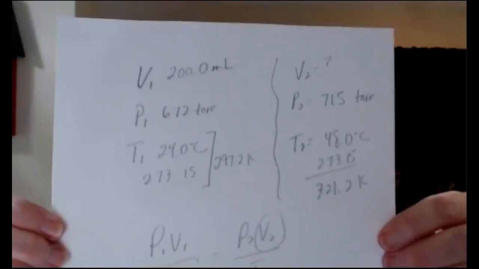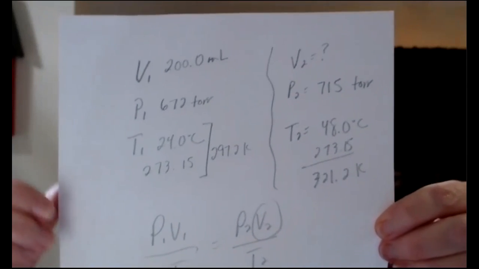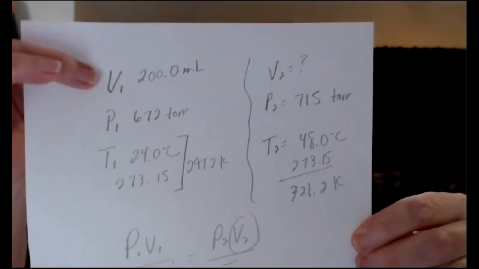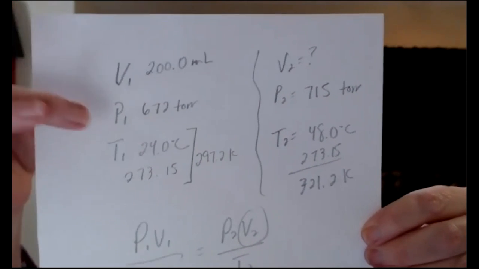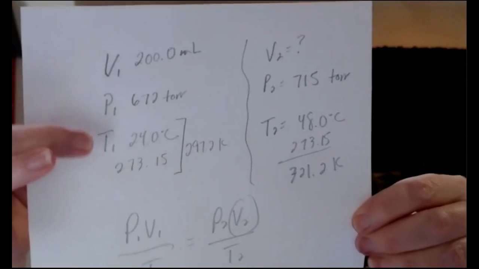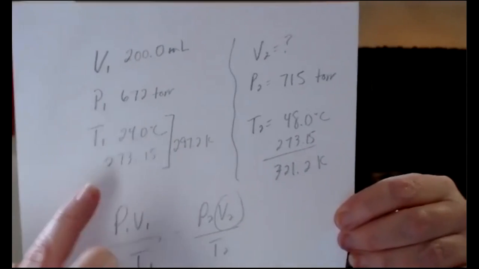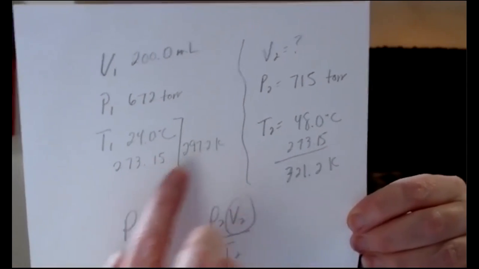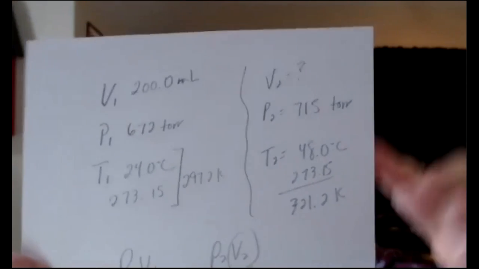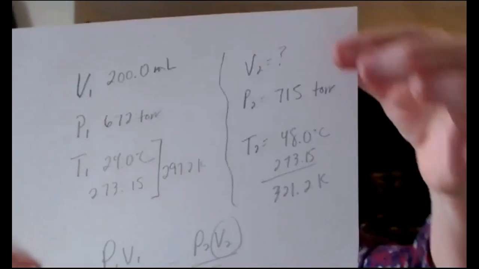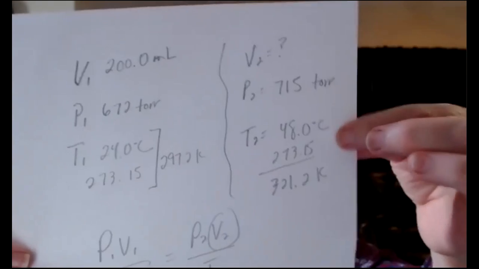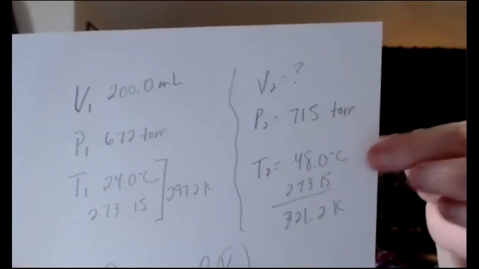Okay, on that problem, this is number 6. It gave you an initial volume, 200 milliliters, an initial pressure in torr, an initial temperature in Celsius. That has to be converted. It's asking for the new volume. They give you the second pressure. They said that the temperature doubled, or maybe they gave you that temperature.